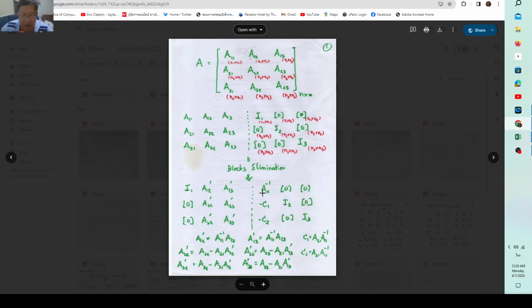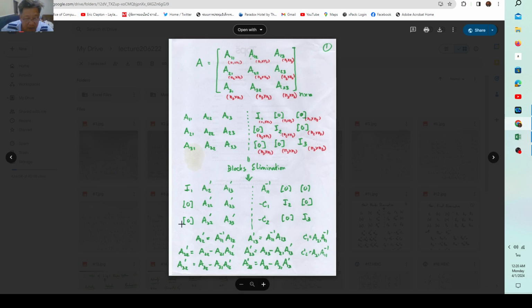The same as over here, you have A31 multiplied by A11 inverse and then subtracted from the 0 element here, the submatrix. So you get minus C sub 2, where C sub 2 is A31 times A11 inverse. So this is the first step of block elimination.